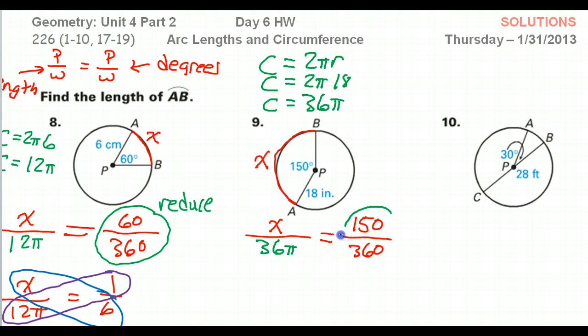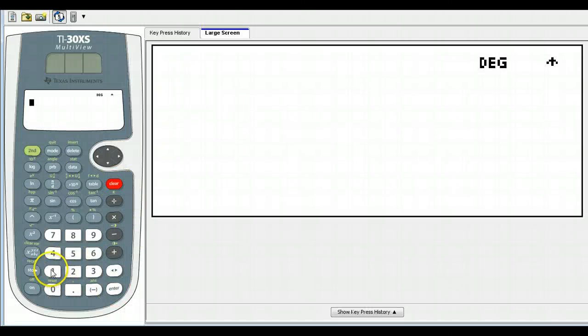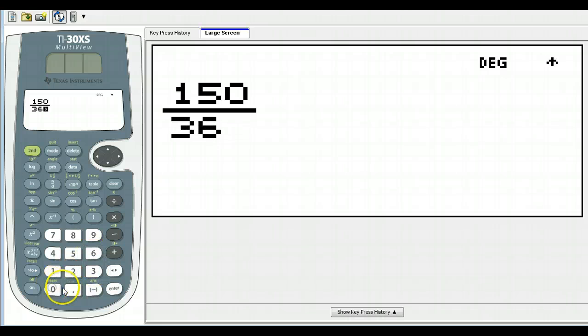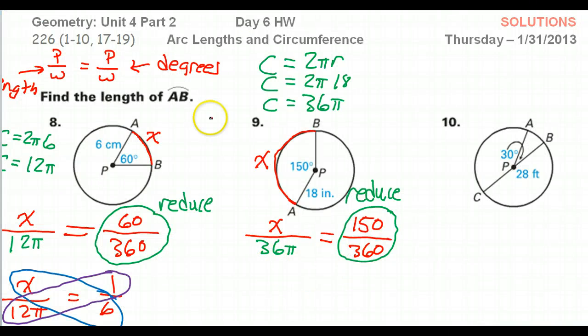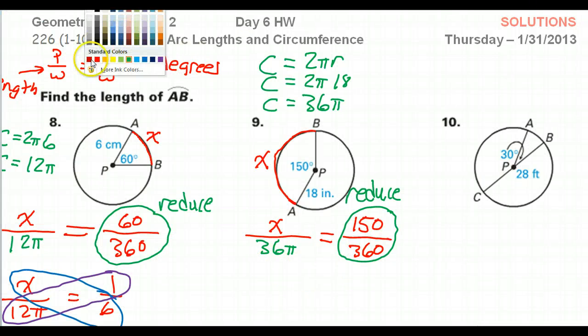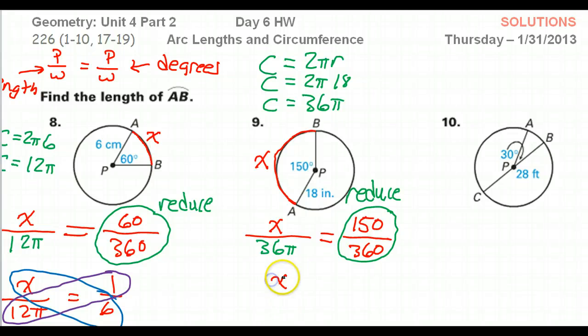Like I said, you should always reduce this before you do anything else. Reduce. 150 over 360. Okay, that's 5 over 12. Okay, so that means we have x over 36 pi is equal to 5 over 12.